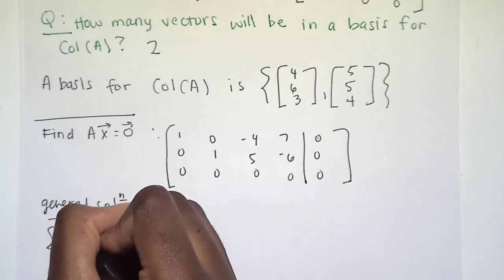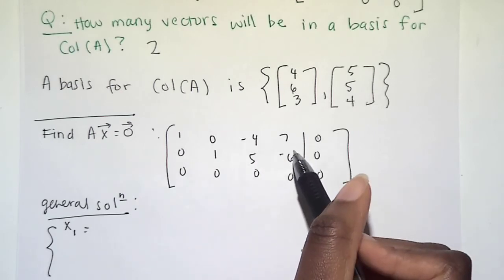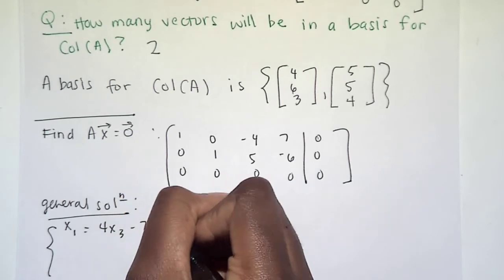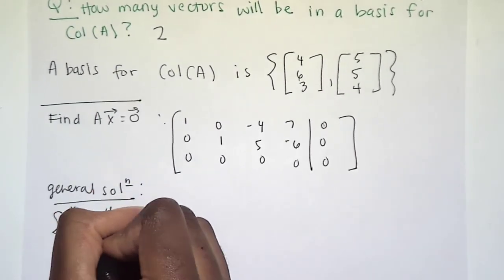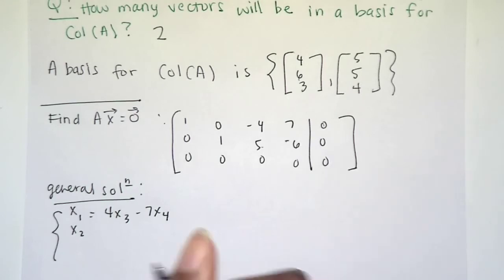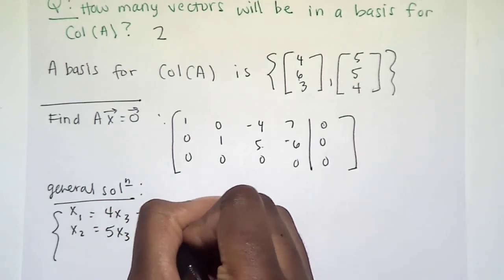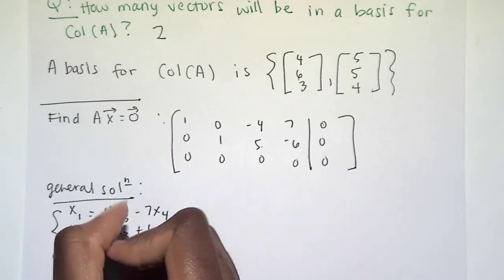And I see that x1 is going to be 4x3 minus 7x4. So I see that I have 2 free variables. X2 is going to be negative 5x3 plus 6x4. And x3 and x4 are free.